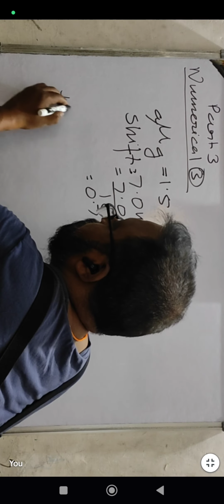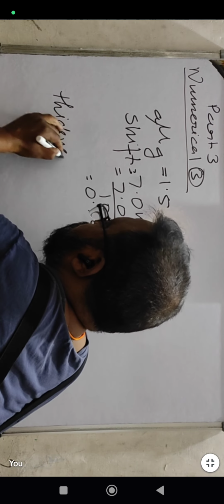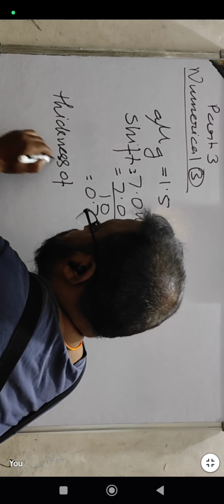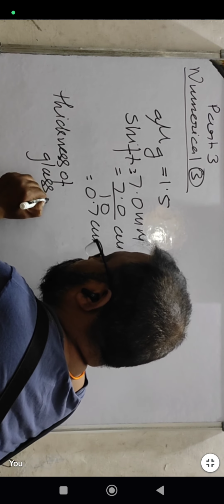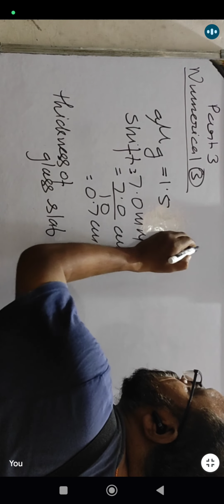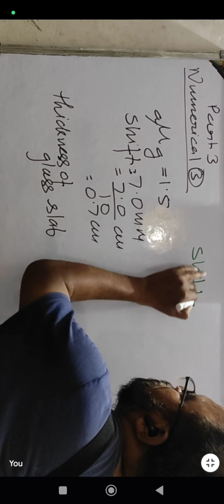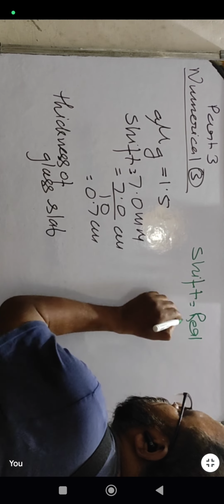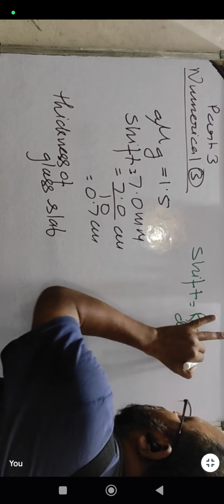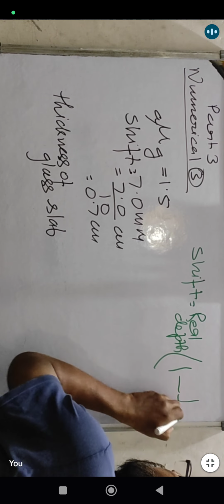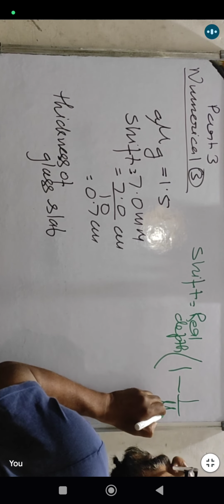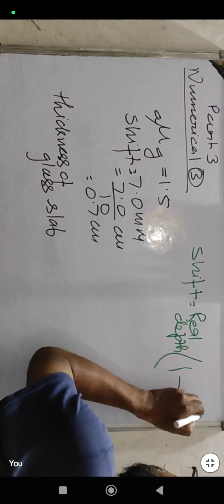Thickness of glass slab. So we have studied shift is equal to real depth bracket 1 minus 1 upon refractive index of glass with reference to air, right?